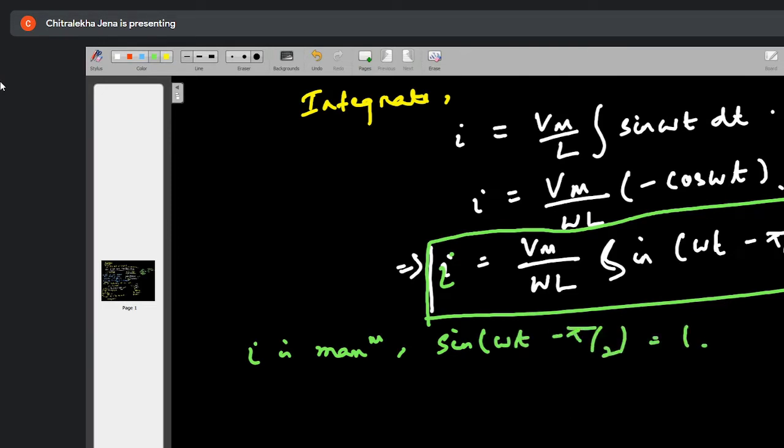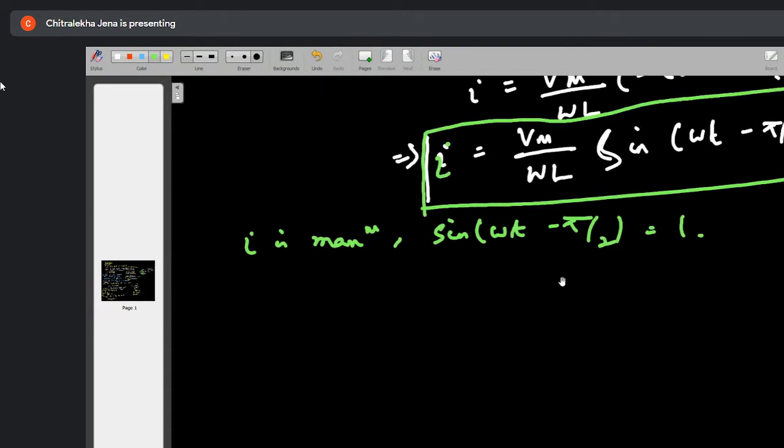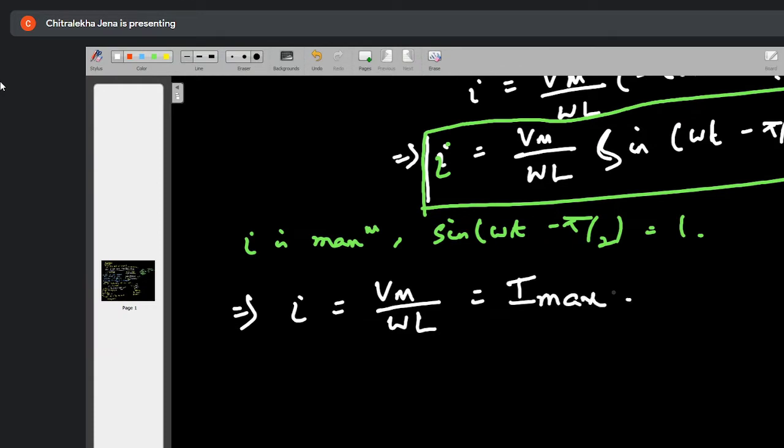Maximum value of sine is 1. So I will be equal to Vm divided by omega L, that we call it as the maximum value of I. So Vm by Im, that is your I maximum, Vm by Im is equal to how much? Omega L.